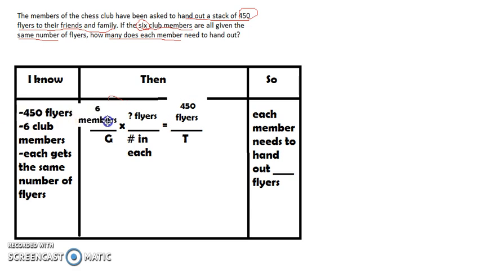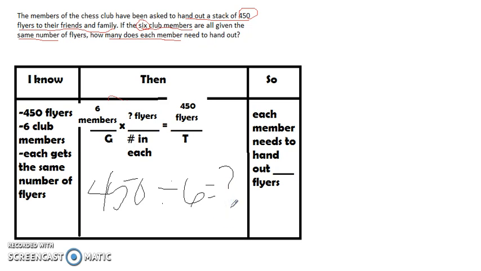So that means each person is what we're solving for. Since I'm solving for the smaller number, we're going to go ahead and divide to get my answer, right? So this is going to be 450 divided by 6 equals my answer.